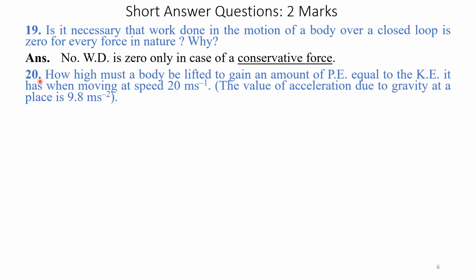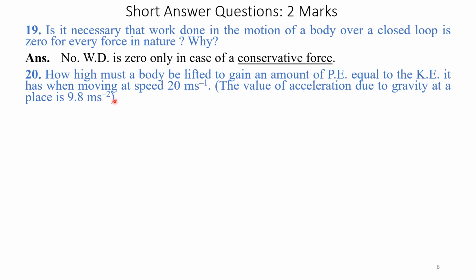Question number 20. How high must a body be lifted to gain an amount of potential energy equal to the kinetic energy it has when moving at a speed of 20 meters per second? The value of acceleration due to gravity at a place is 9.8 meters per second square.